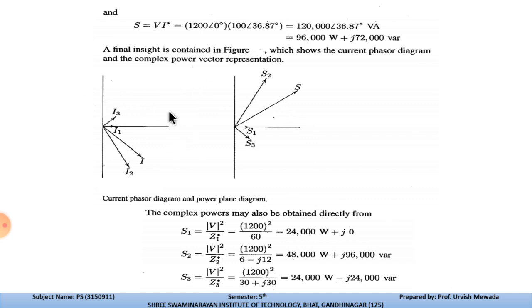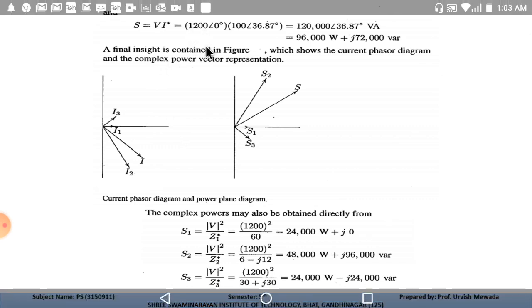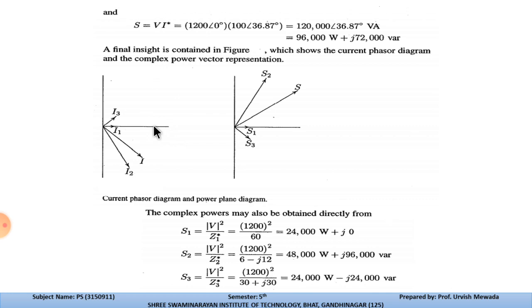From the values of S1, S2 and S3, you can draw the vector diagram. If you recall the previous slide, S1 was 24,000 W plus j0 var, so S1 is taken as the reference. Then S2 was 48,000 watt plus j 96,000, which is positive, so S2 is taken above the reference plane.